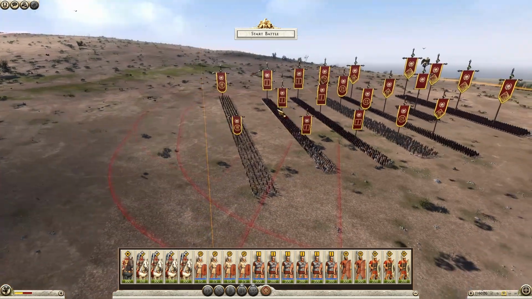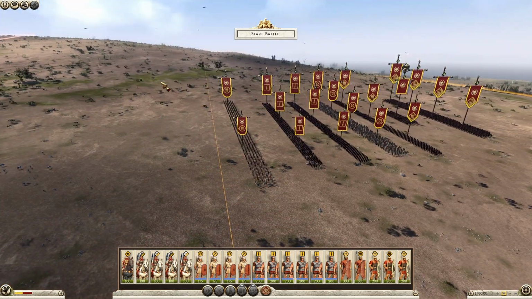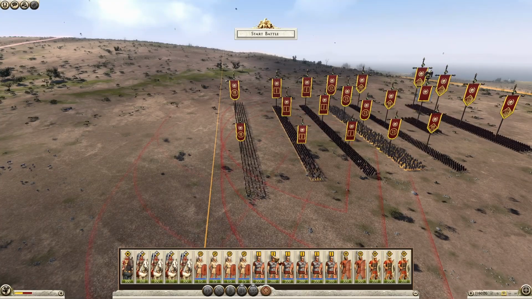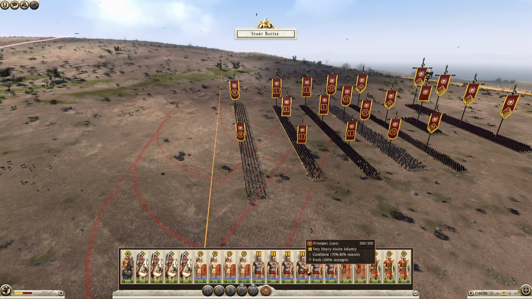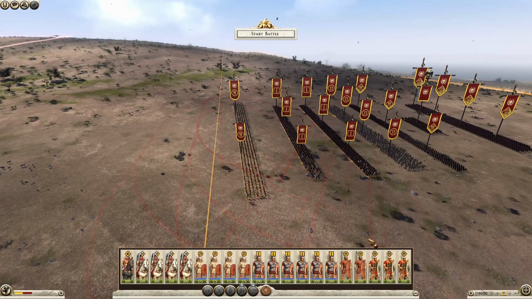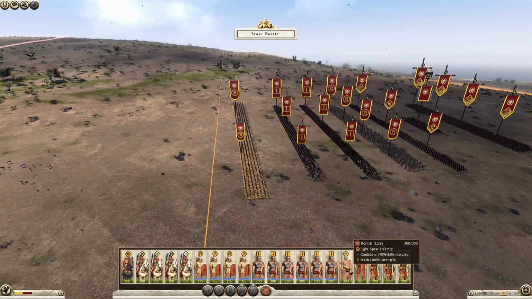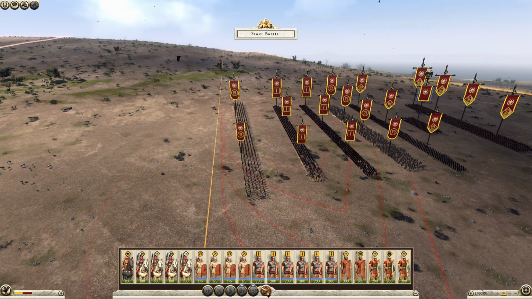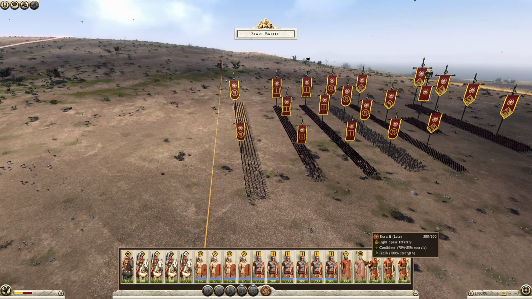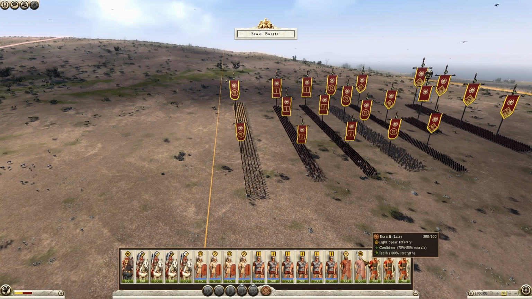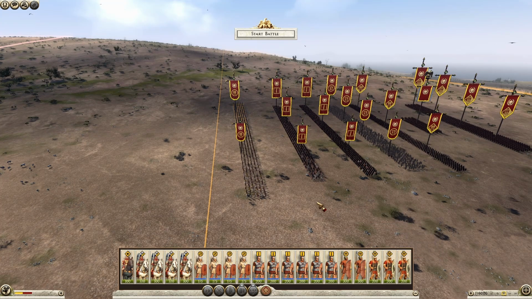So over here, I will talk only about the basic Roman army that you can recruit easily everywhere with only Roman units, but you can replace any of them with better auxiliaries when you have them available to recruit.